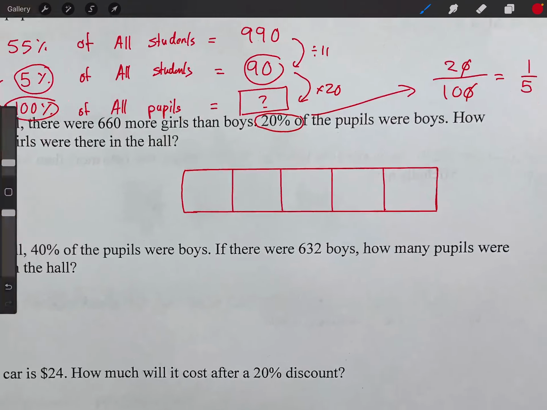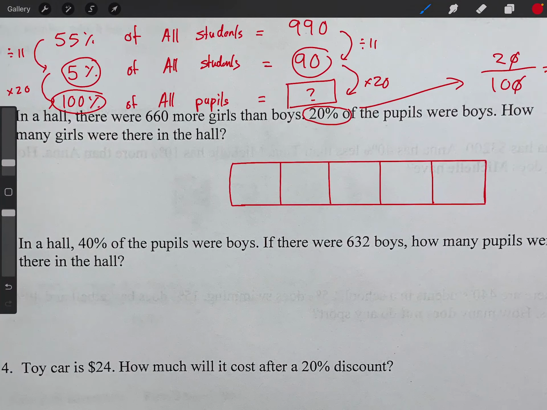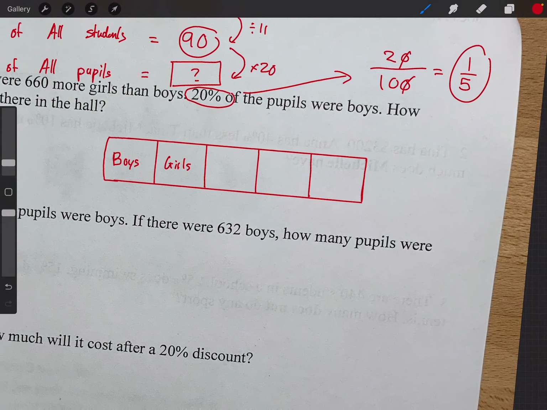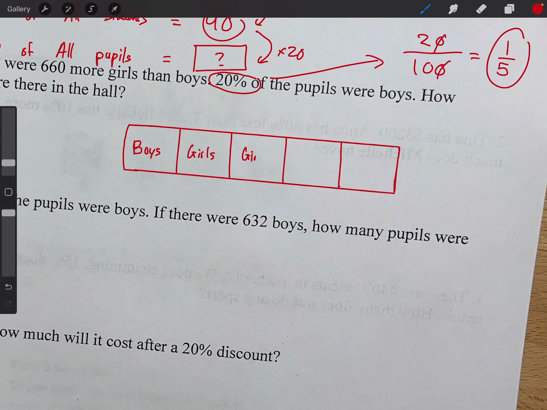Okay, now it says 20% of the pupils were boys, so this is all boys here, and these are all girls, obviously. 20% is 1/5, so 1/5 is all boys and the rest are all girls.